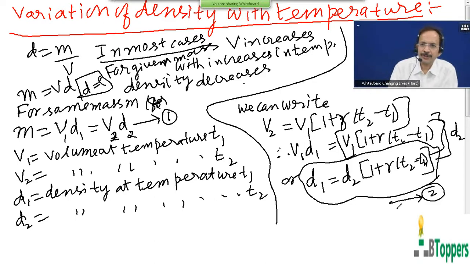Sometimes in problems, in the case of liquids particularly, many examples and experiments related to expansion of liquids, we express density at a higher temperature in terms of density at the initial temperature or 0 degree centigrade. Suppose D0 is the density at 0 degree centigrade.